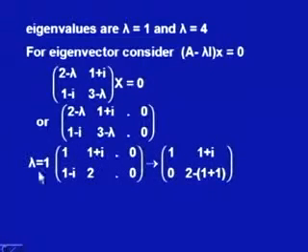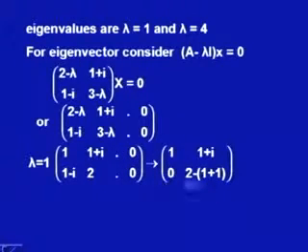So, first for lambda equal to 1, this equation becomes 1, 1 plus i, 0; 1 minus i, 2, 0. This is the augmented matrix corresponding to this system. I am writing only the coefficient matrix part here, after applying elementary transformations, because the zero column will not be affected.